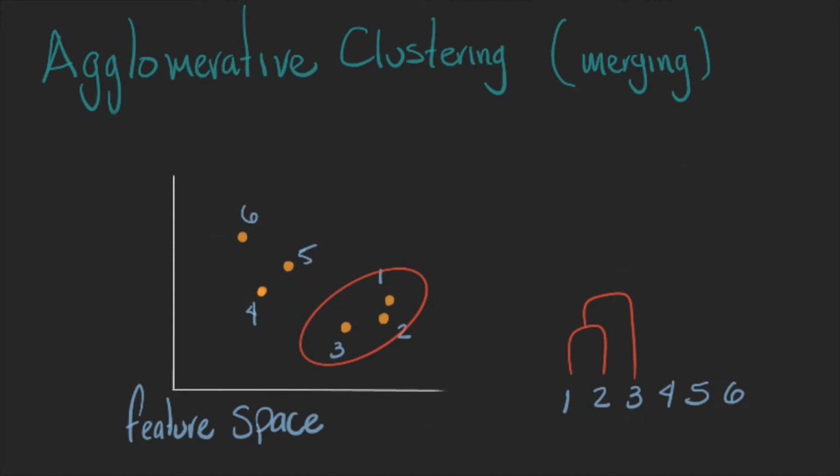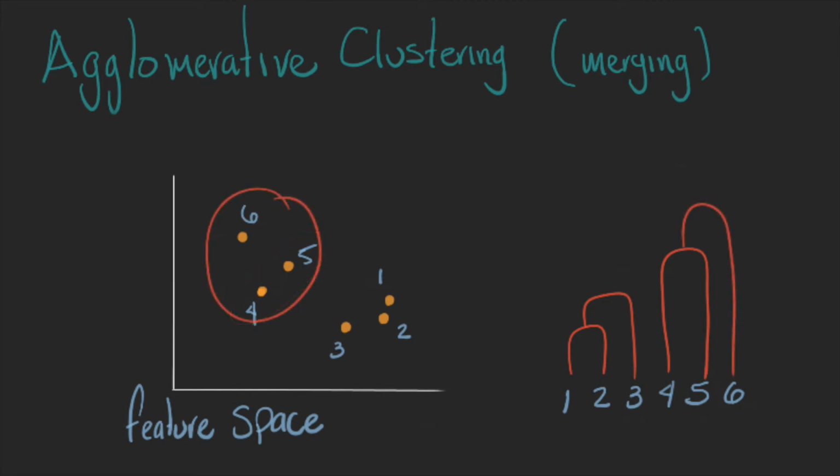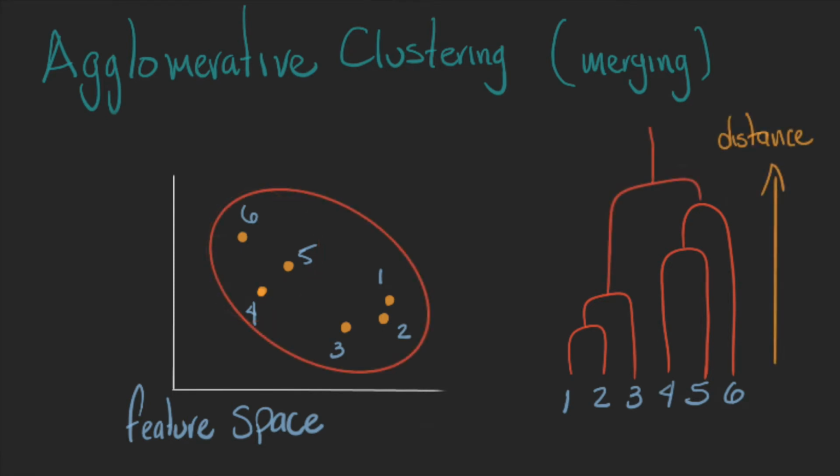So we merge it again. Then we recalculate the distance. Now, points 4 and 5 are the closest ones, so we merge them. We compute again, and now the point 6 will join 4 and 5. Finally, we could merge them all in one single cluster.